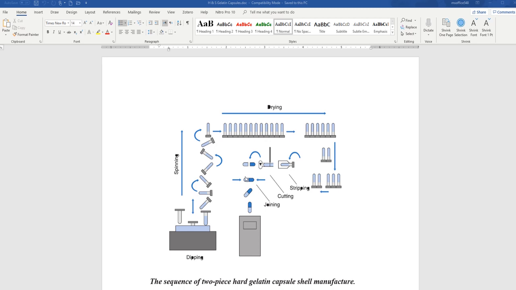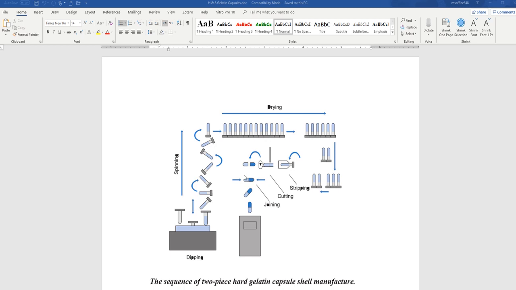Then Gelfar or another pharmaceutical company will buy these capsule shells in order to fill them with the required formulation. Here, when I say pre-locked or pre-closed position, we have a closed position and a pre-closed position. Pre-closed position will allow the cap and the body to detach easily, meaning I can open them easily.